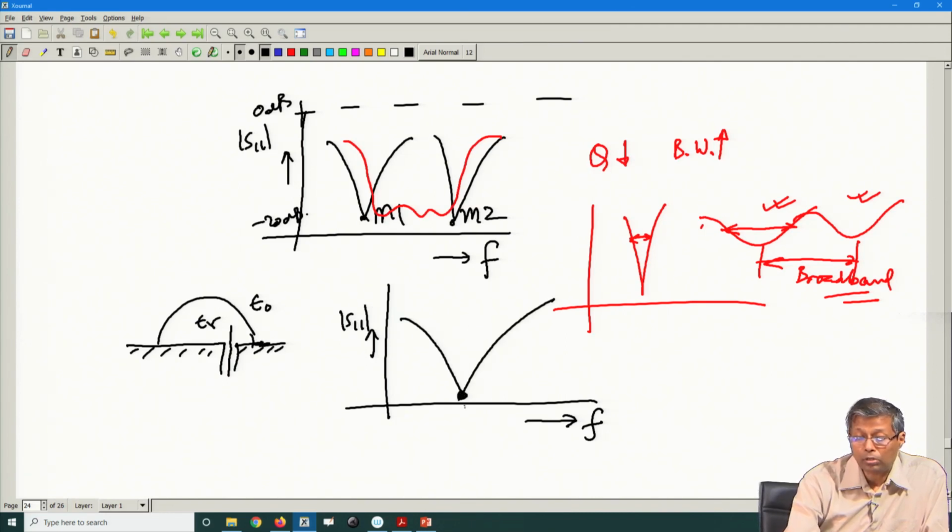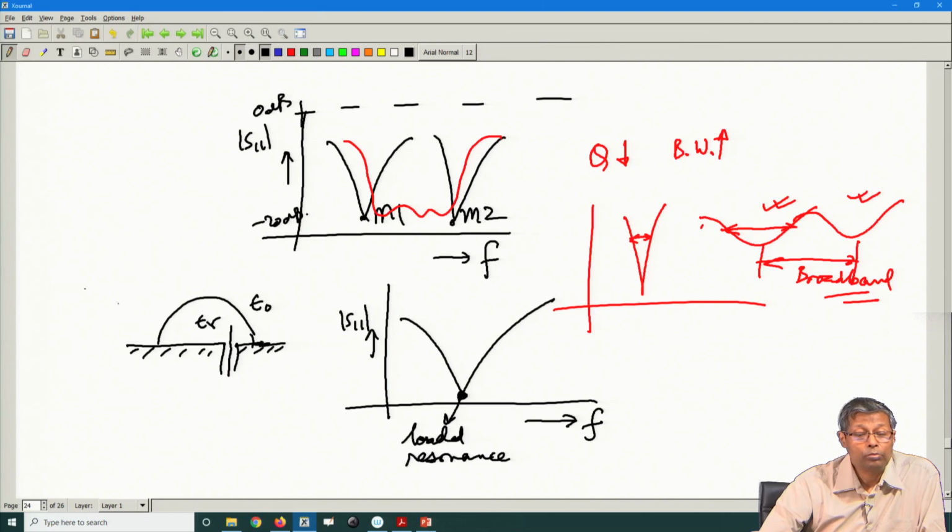So, this is the resonance. So, this is the loaded resonance which is with the probe. Loaded resonance.